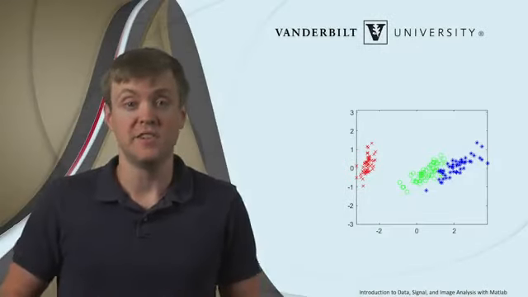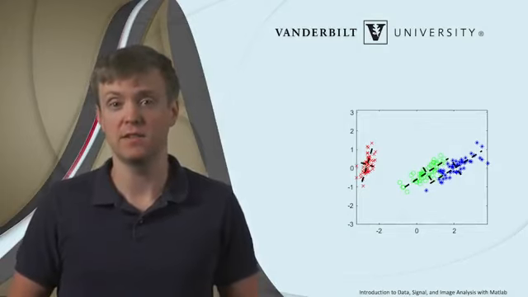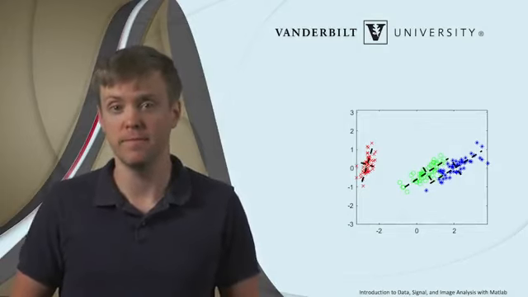With the three classes in our data set, the centroid, major axis, and minor axis are as shown here.